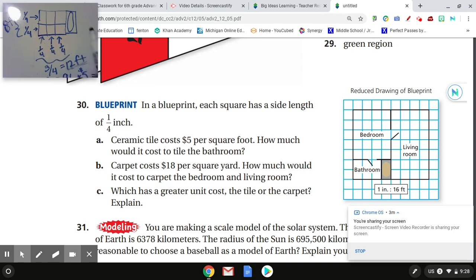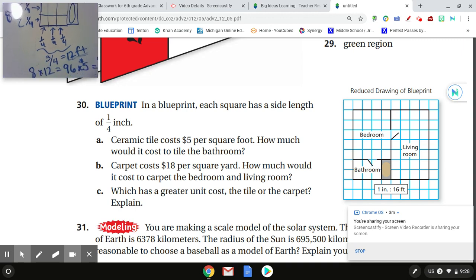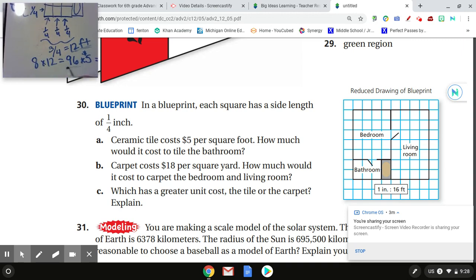So then for our area, we would have to multiply, right, to get the real life square footage of the bathroom we're going to tile, which is 8 by 12. So the area ends up being 96 square feet right here. Okay, so 8 times 12, that is the area of the bathroom floor.